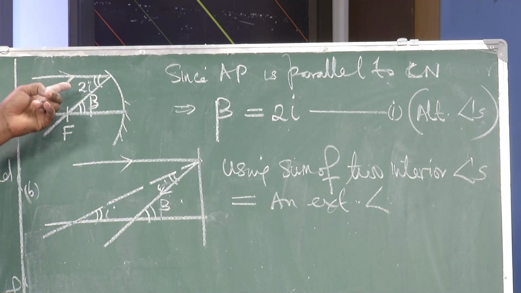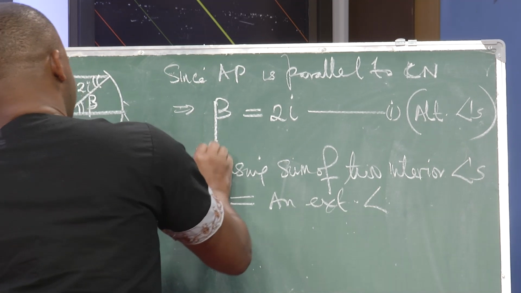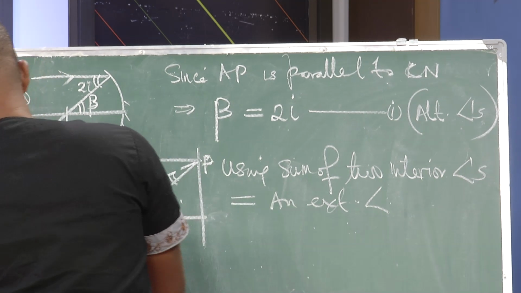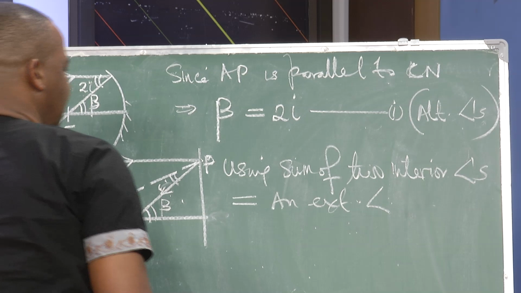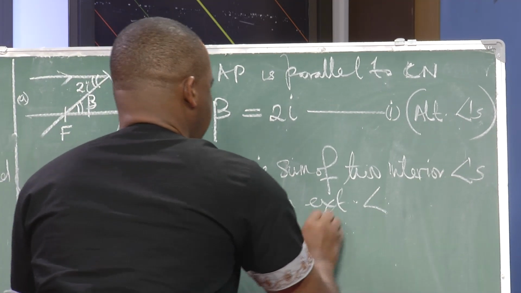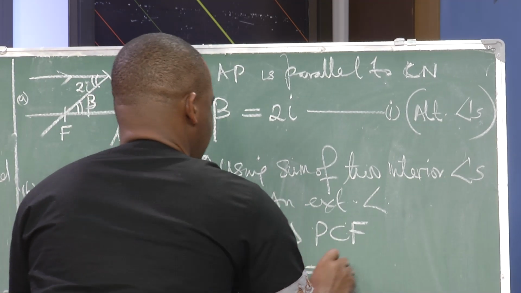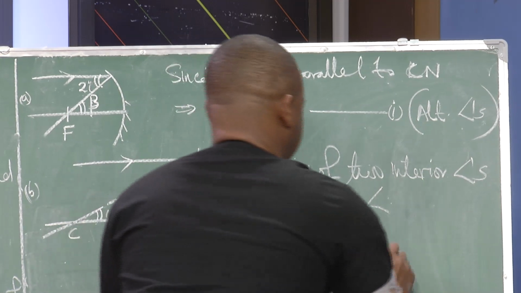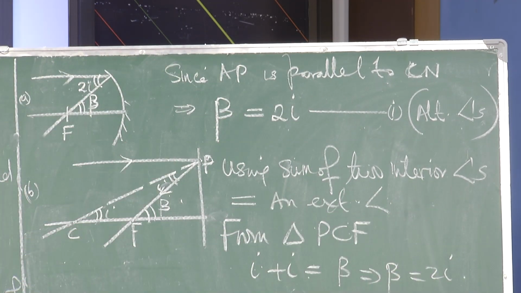Someone who does not understand this could still get it from our triangle PCF. It is clear that I plus I is equal to beta, which would still affirm that our beta is 2I. That is if you do not get it right over there.